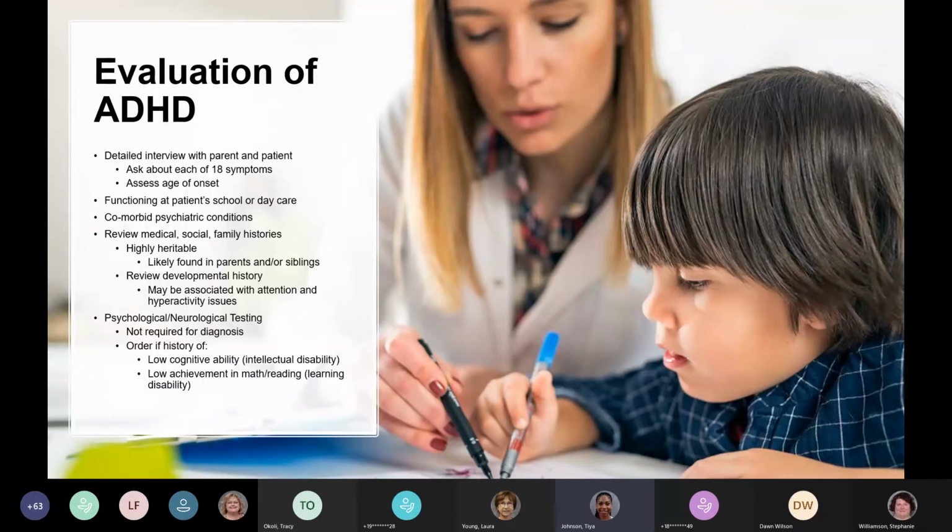And so sometimes it's kind of hard to tease out between an intellectual disability versus a learning disability without the neuropsychological testing or the psychological testing. And so sometimes that will be required.